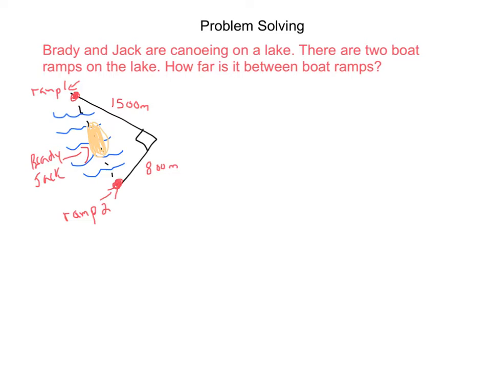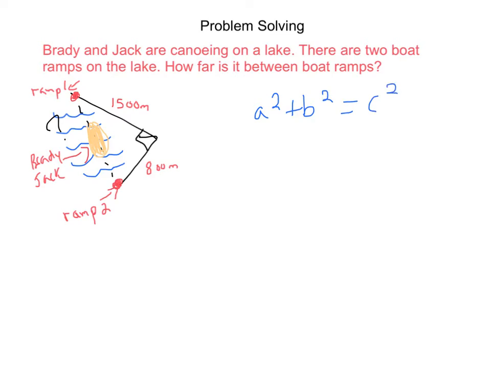To solve this problem, you can see right away it's just a triangle problem. We've got our A, our B, and right across from the right angle, we've got our C. We know what A is, we know what B is, but we don't know the distance of C. So we're going to follow our formula: A squared plus B squared equals C squared.